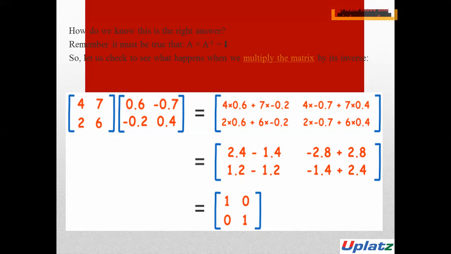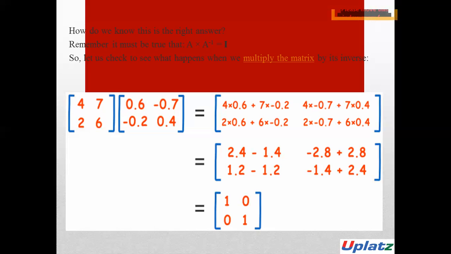So 4, 7, 2, 6 is the original matrix, and its inverse, what we calculated, is 0.6 and minus 0.7, then minus 0.2 and 0.4. And if we multiply them, you can see that we are doing some operations. 4 multiplied by 0.6 plus 7 multiplied by minus 0.2.